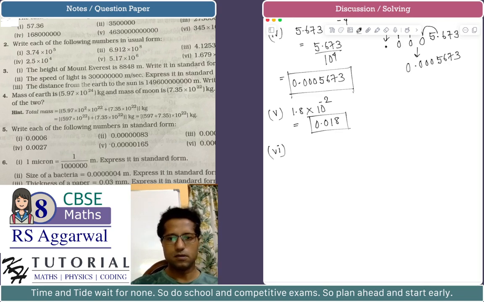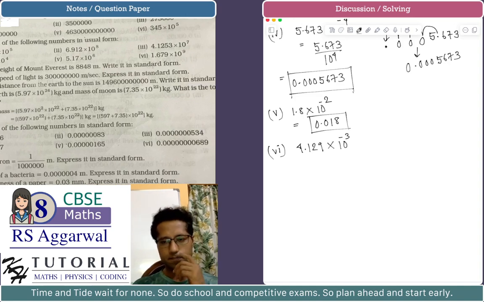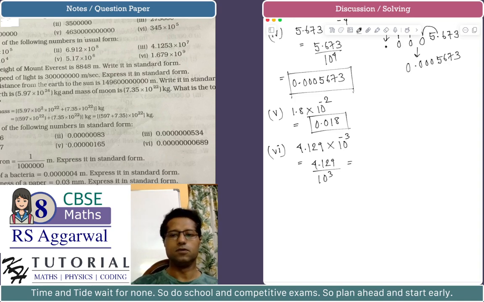Part 6 is 4.129 multiplied by 10 to the power minus 3. So this is 4.129 divided by 10 to the power 3. For powers of 10 which are a little more, like 3, 4 or 5, if you are not very sure, you can do it visually.